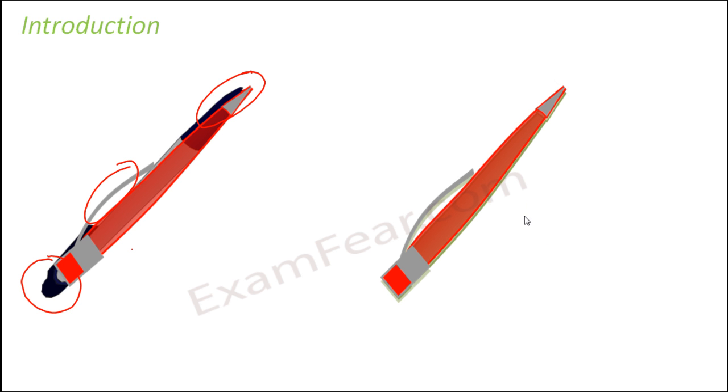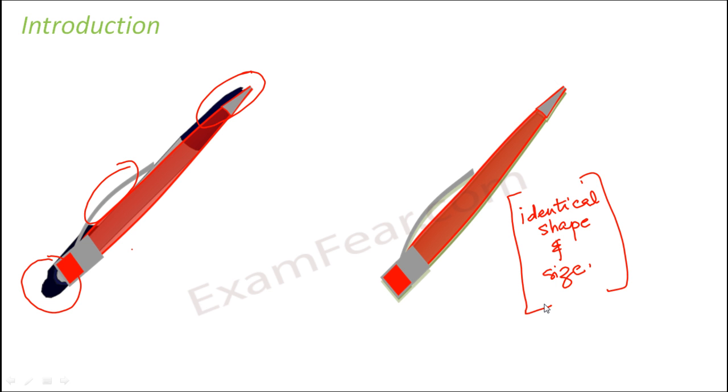So what do we observe here? We observe here that the two pens have identical shape and size. And exactly this is what congruence is all about.